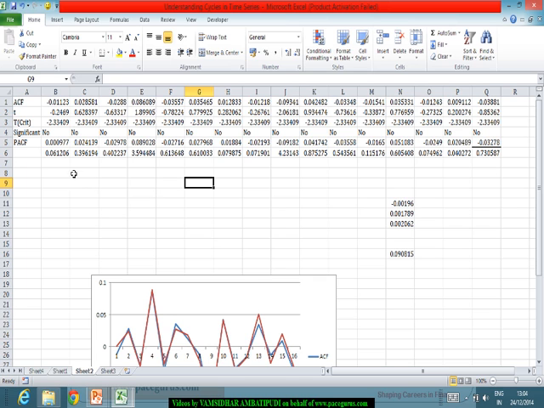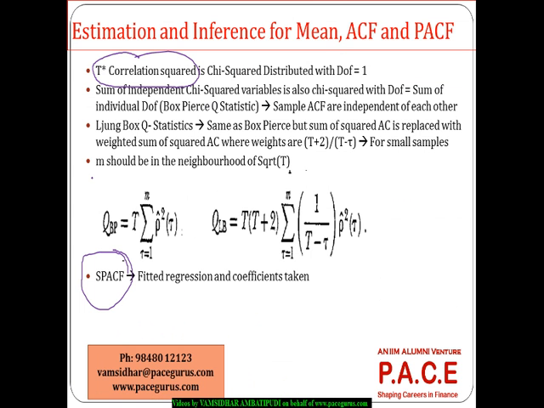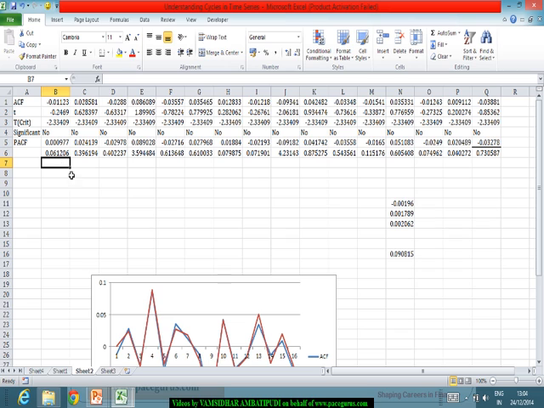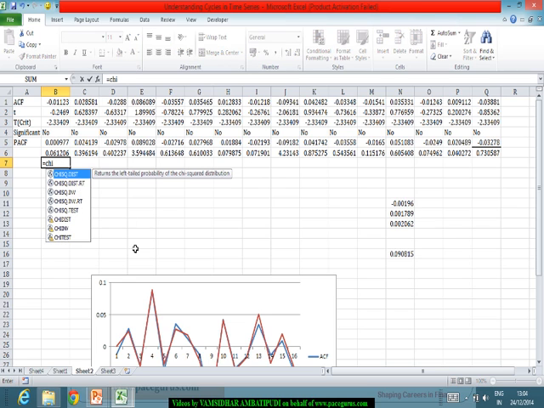Now what we say is that autocorrelation squared multiplied with the sample size should be similar to the chi-square distribution with degrees of freedom equal to 1. So let me see the chi-square distribution.